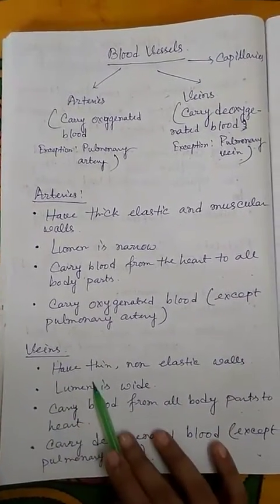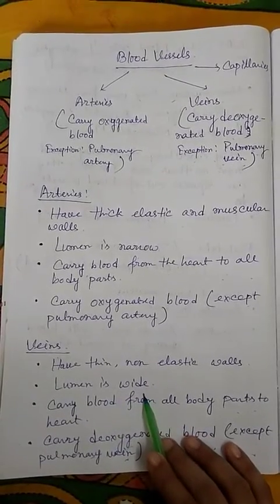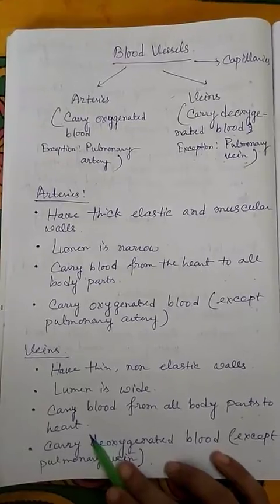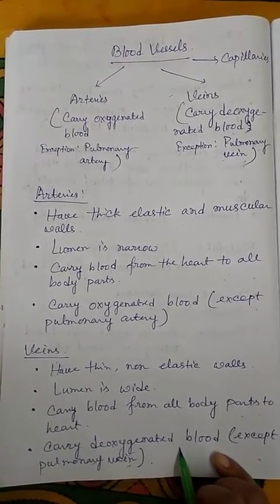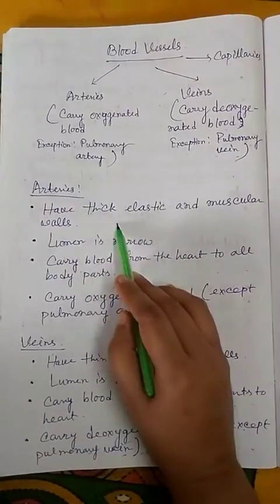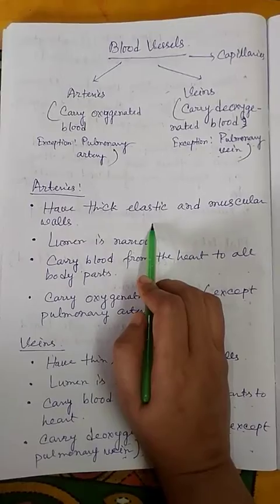Veins have thin, non-elastic walls. Their lumen is wide. They carry blood from all over the body to the heart. They carry deoxygenated blood except pulmonary veins. Now, why are the walls of the arteries thick and elastic?